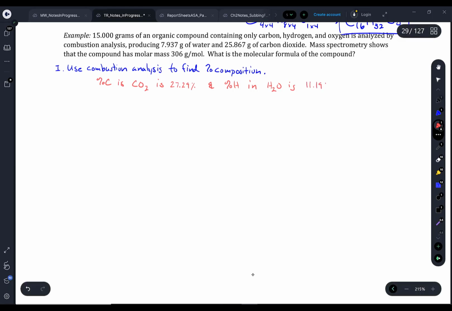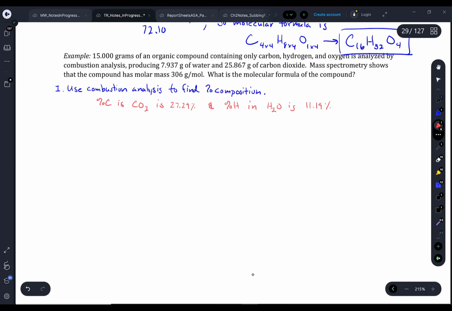Why are those numbers useful? Because what compound do you make in combustion analysis? You make water and carbon dioxide. And what's the point of the carbon dioxide? Why is it useful?